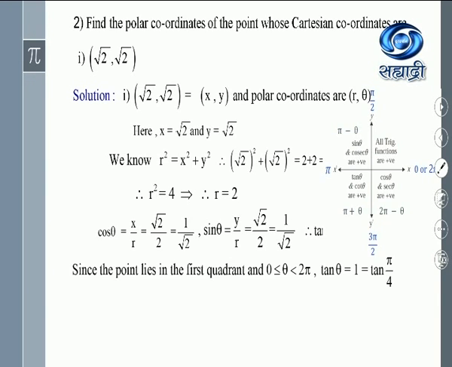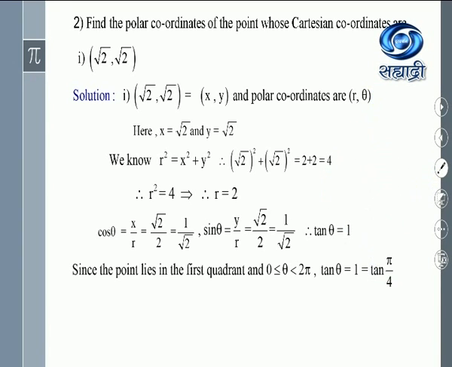So if I put theta is equal to pi by 4, one more angle you will get, which is pi plus pi by 4, which is 5 pi by 4, and tan 5 pi by 4 is again 1. Okay, but we discard that value. Why? Because this root 2 comma root 2 lies in the first quadrant. Therefore, we have the angle as pi by 4 only. Clear?